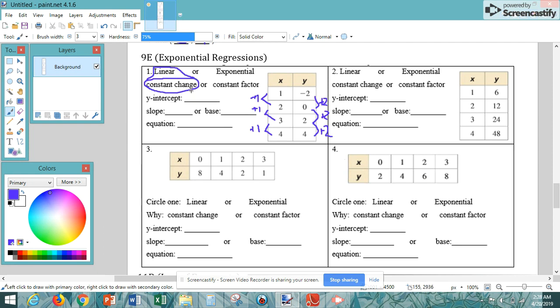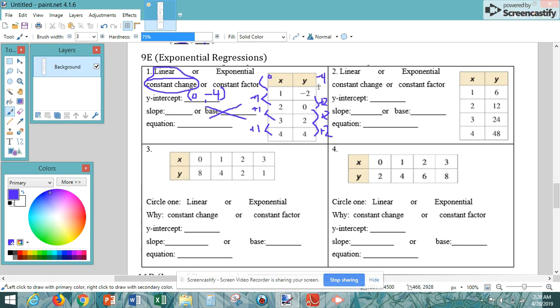The y-intercept is when x equals 0. So if we went backwards 1, took away 1, we get 0. We take away 2, we get -4. So our y-intercept would be 0, -4. Since this is linear, we're going to find a slope. So we can cross out the base.